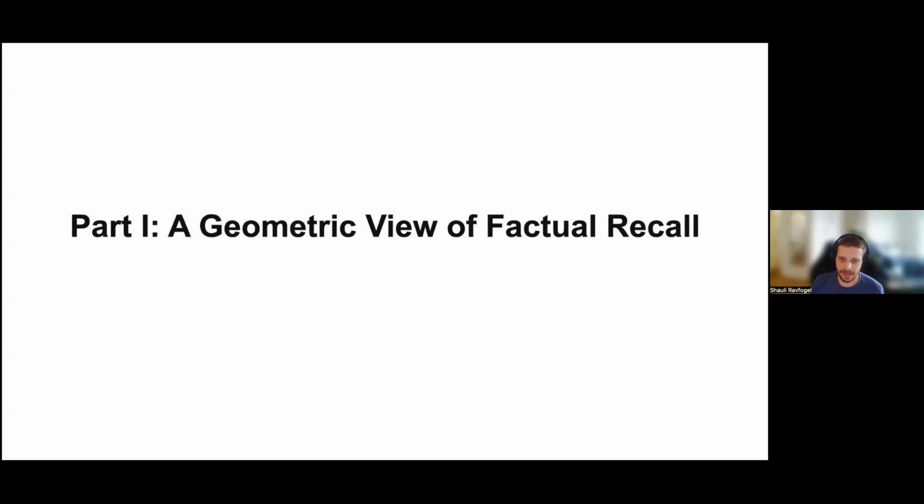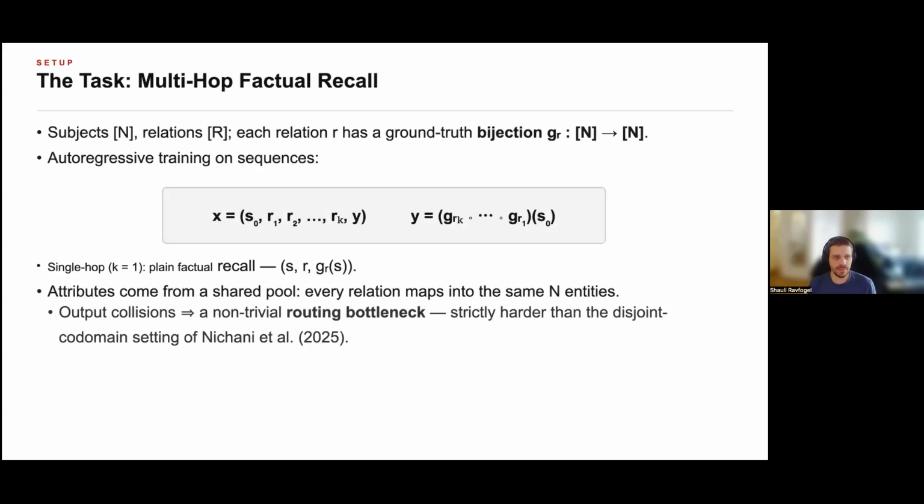Okay, so let's start with the toy model that analyzes the trainable embedding solution. The task is the following. We have n subjects and R relations. Each relation R has some ground truth bijection function g_R, which maps any of the n possible subjects to some other one.